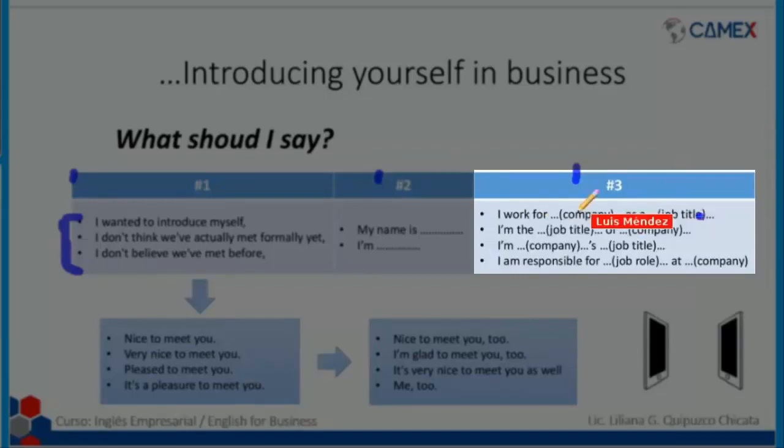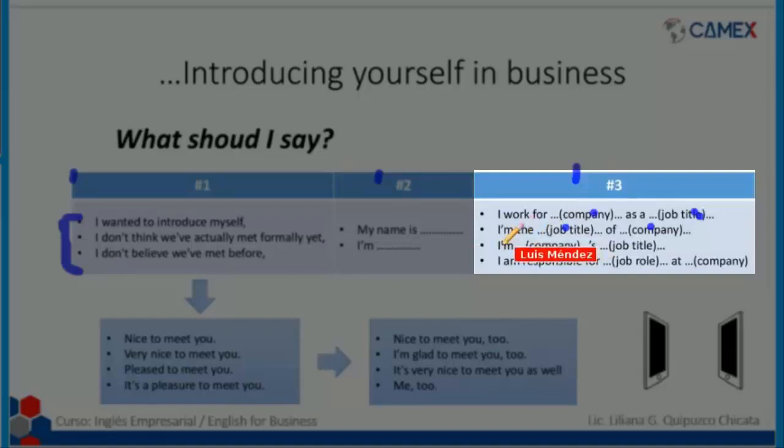I would say I work for Microsoft as an engineer, or I work for Microsoft as an administrator. Another option is I am the engineer of Microsoft. So I say I am the, and you put your job title, and then of, and then you put which company you're working for.